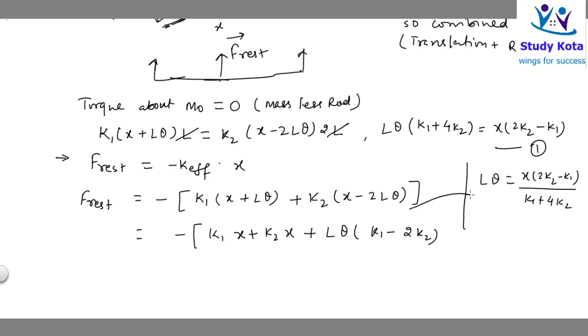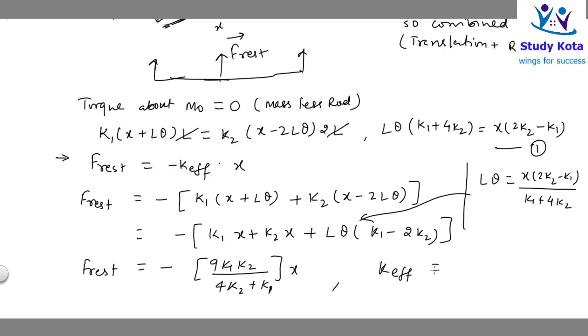So put this value here. After putting this value and solving, we get 9k1 k2 upon k1 plus 4k2, into x. So we get k effective as 9k1 k2 upon k1 plus 4k2.